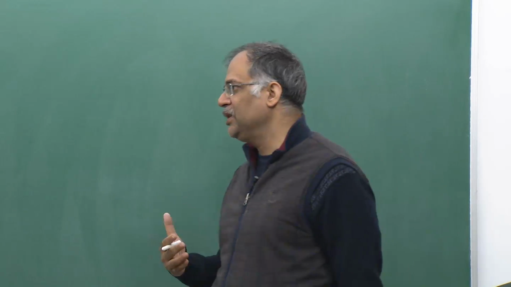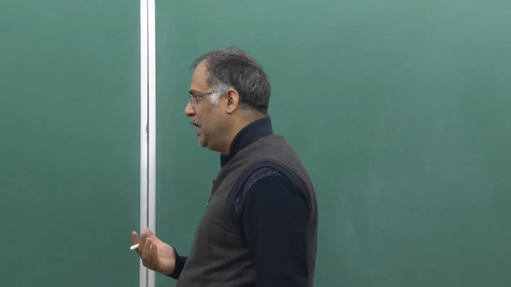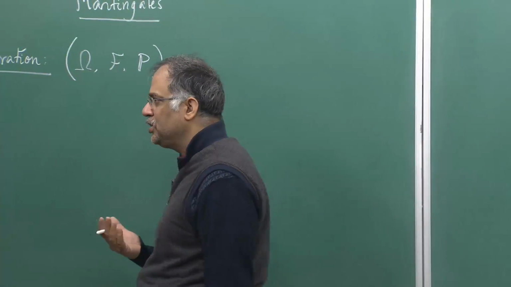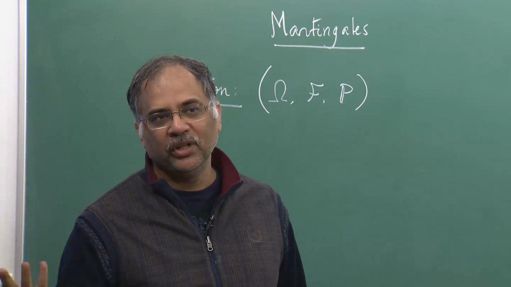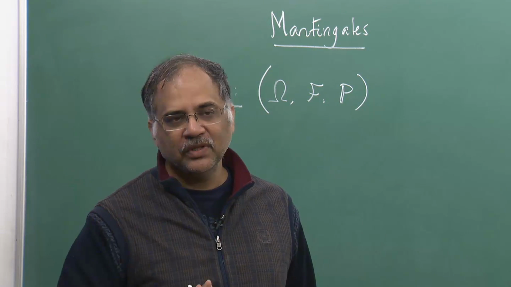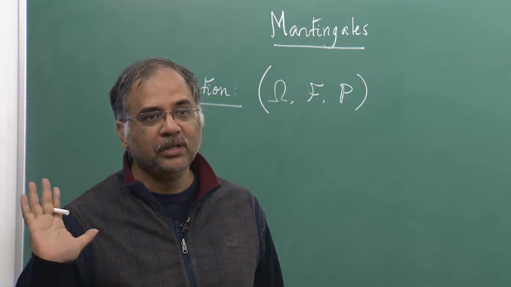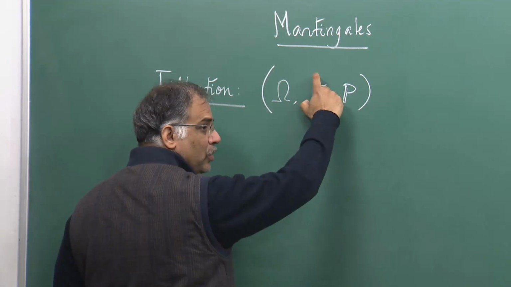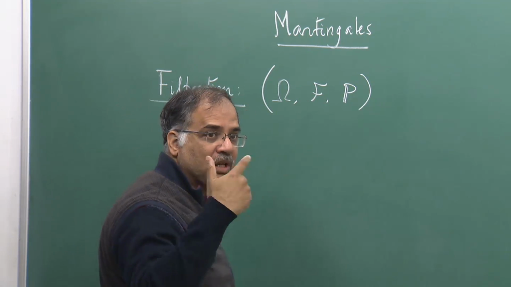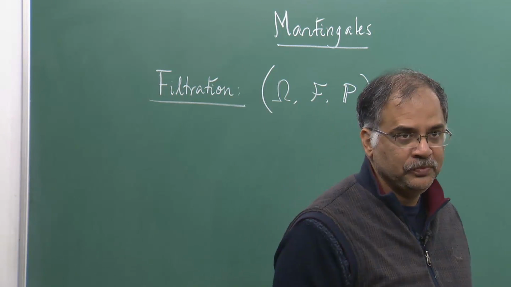As a random experiment progresses and new information becomes available, you know which part of the sigma algebra you already know. So, some part of the sigma algebra would be completely revealed. Some part of F, a subset of F, would be revealed once we start getting more information.